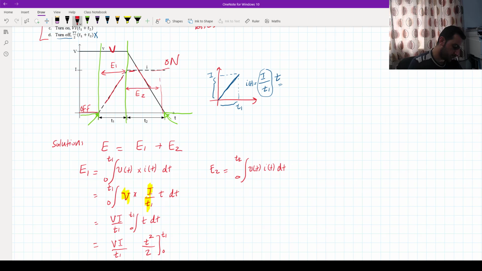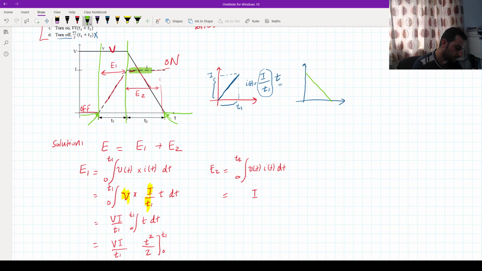And again, we have the current as constant here, so we can just write I, but the voltage has a different function, okay? Let's now just draw it here like this, okay?